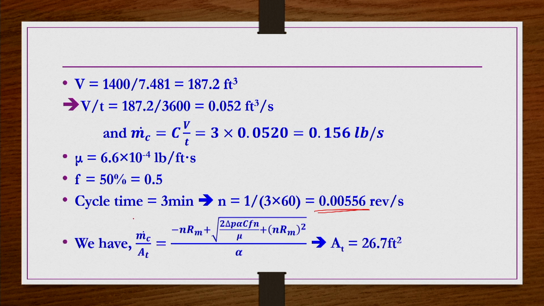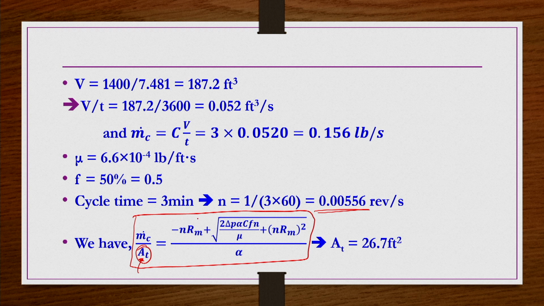Then we have this equation for the continuous, constant pressure filtration process. In this equation, AT is to be calculated, that is, how much is the filtration area.